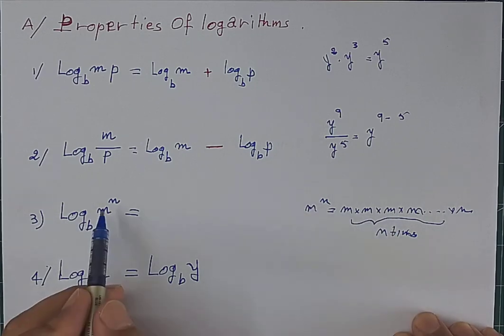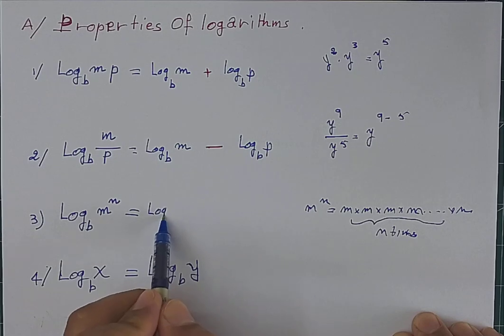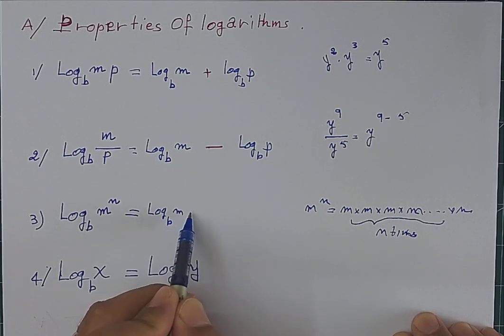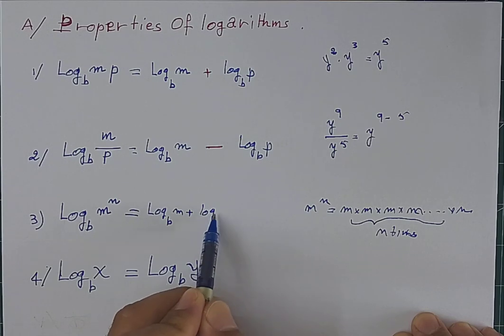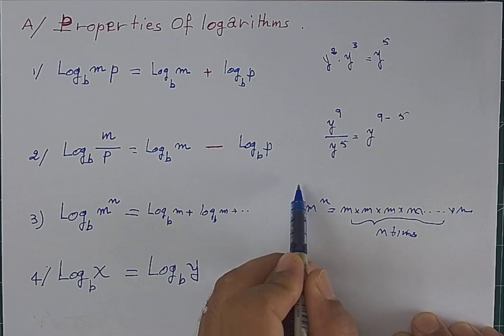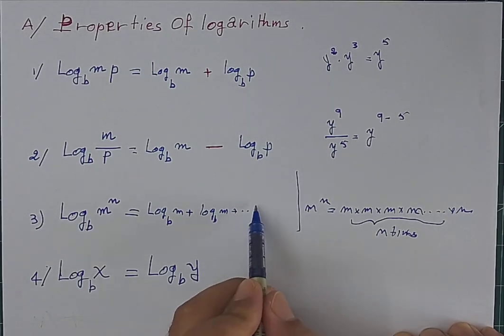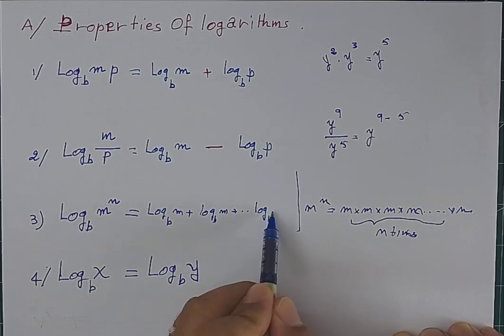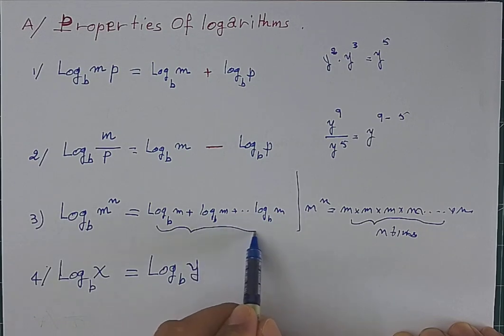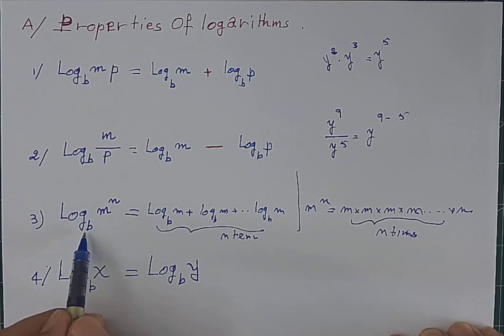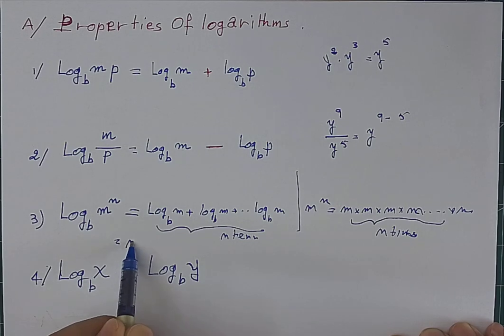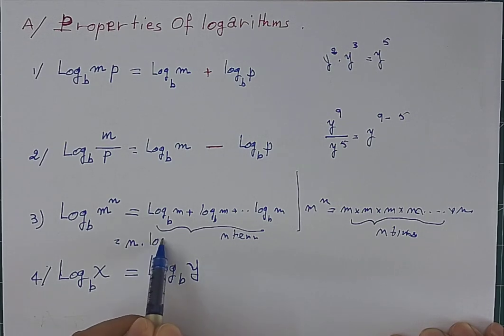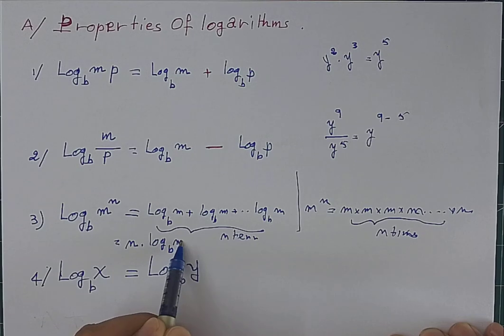So here we have log base b of m plus log base b of m. I can separate this one, log base b of m, how many times? n terms. So this property equals n times log base b of m.